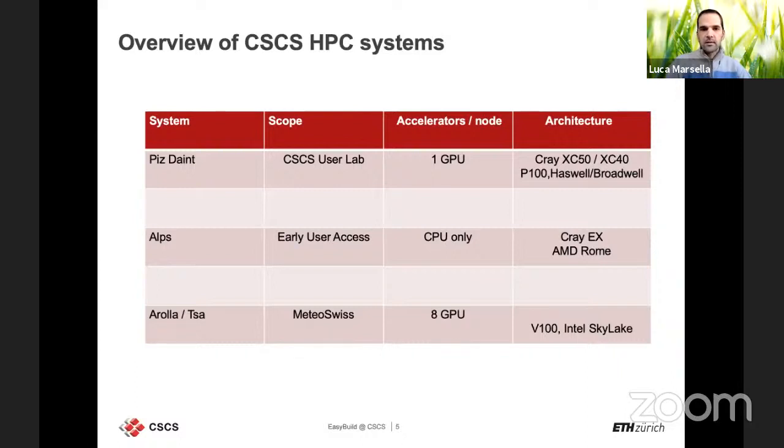The Alps system is a new system available only to early users, and it features nodes with CPUs only. It's a Cray EX supercomputing system featuring AMD Rome processors. And then the new production MeteoSwiss system, which is called Arolla and Balfrin, the development partition, features 8 GPUs per node, which are NVIDIA Tesla V100 with an Intel Skylake processor.